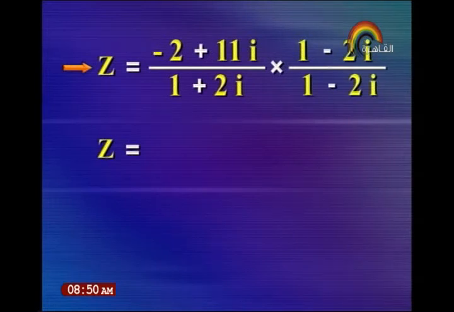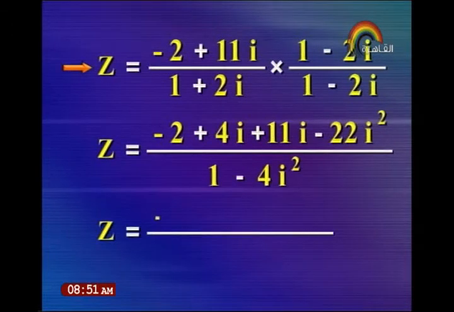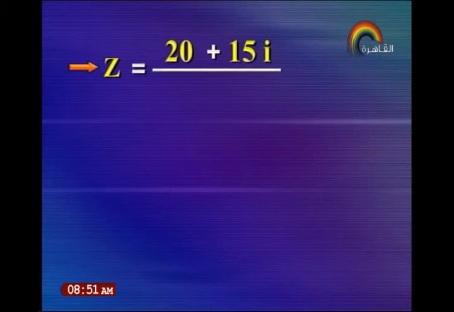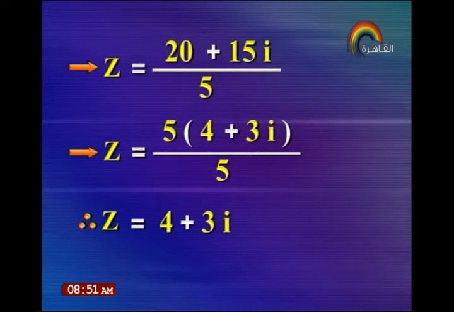Student, 1 minus 2i up and down. Then z equals (negative 2 plus 4i plus 11i minus 22i squared) over (1 minus 4i squared). Z equals what? (Negative 2 plus 15i plus 22) over (1 plus 4). Then z becomes (20 plus 15i) over 5, divided by 5, numerator and denominator. Then z equals 4 plus 3i.